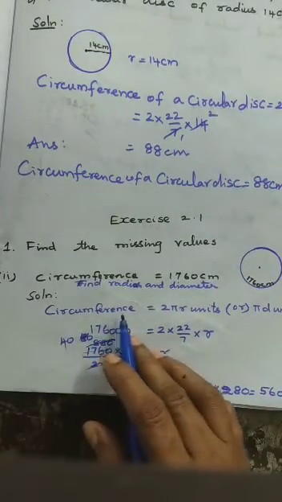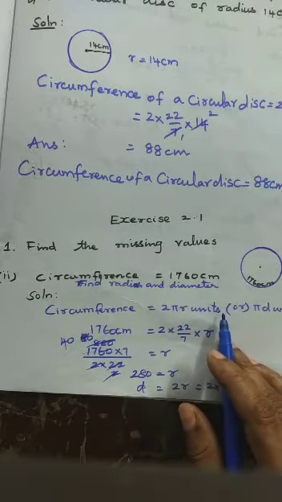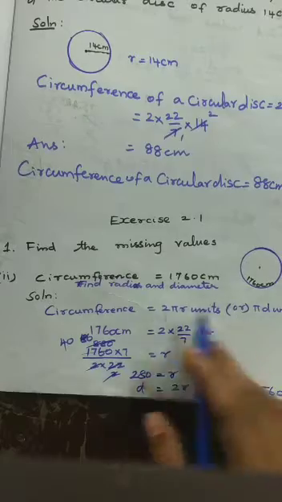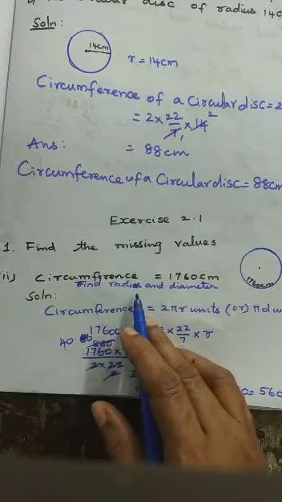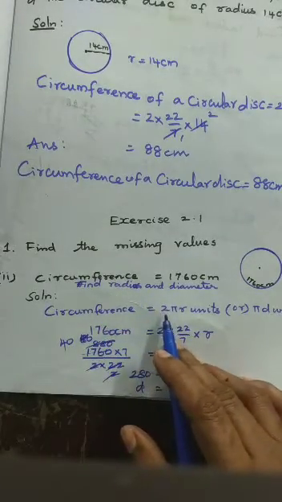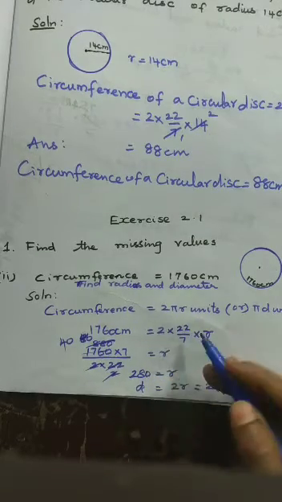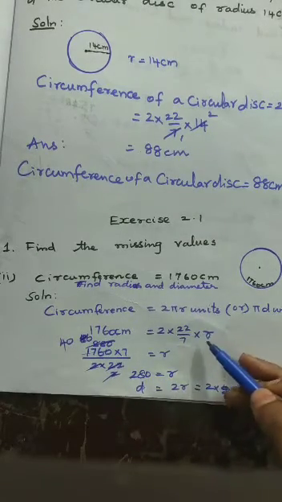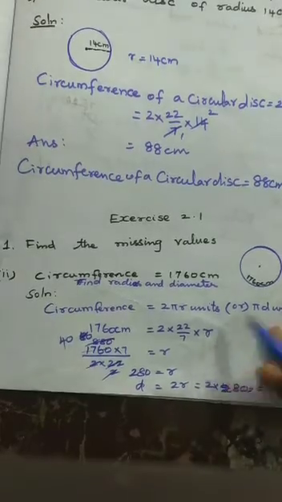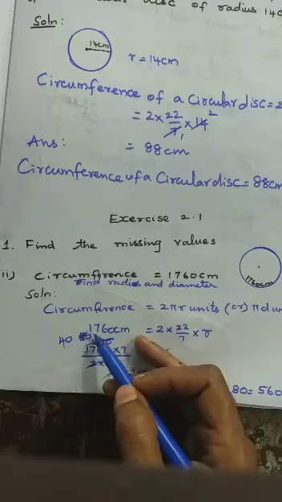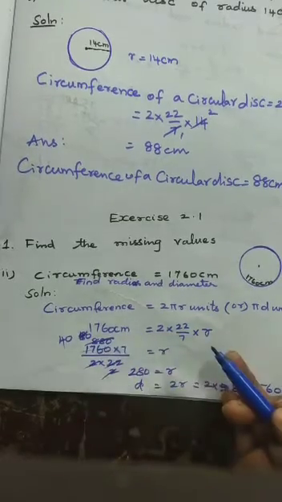Then circumference is equal to 2 pi r units or pi d units. Here we have to find the radius, no? So, we can take the circumference as 2 pi r. Get 2 into 22 by 7 into r. R we don't know, but the circumference they are given, 1760 centimeter.